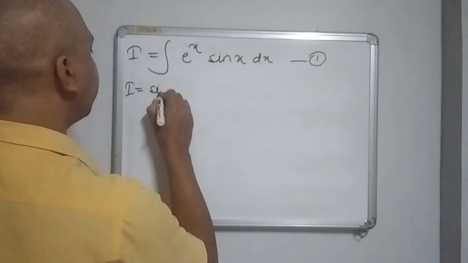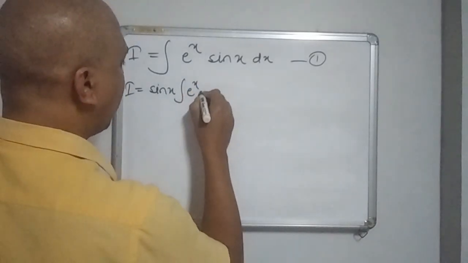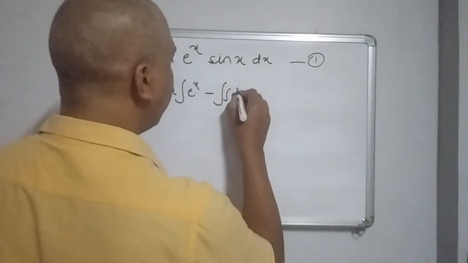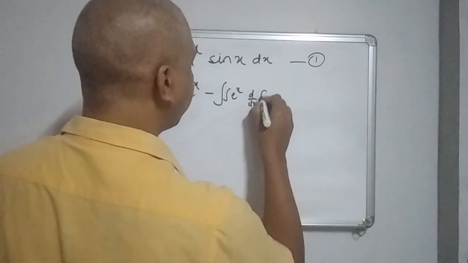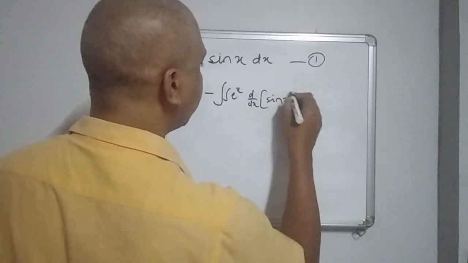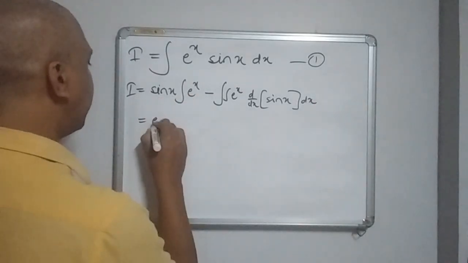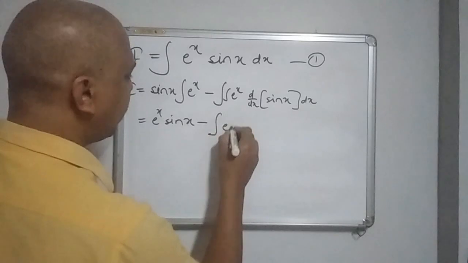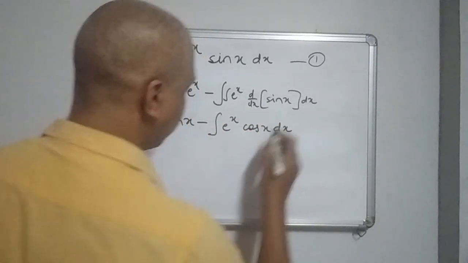So we'll have sin x into integration of e raised to x dx minus integration of integration e raised to x dx multiplied by derivative of sin x into dx. This is equal to e raised to x into sin x minus integration of e raised to x into derivative of sin x, which is cos x, dx.